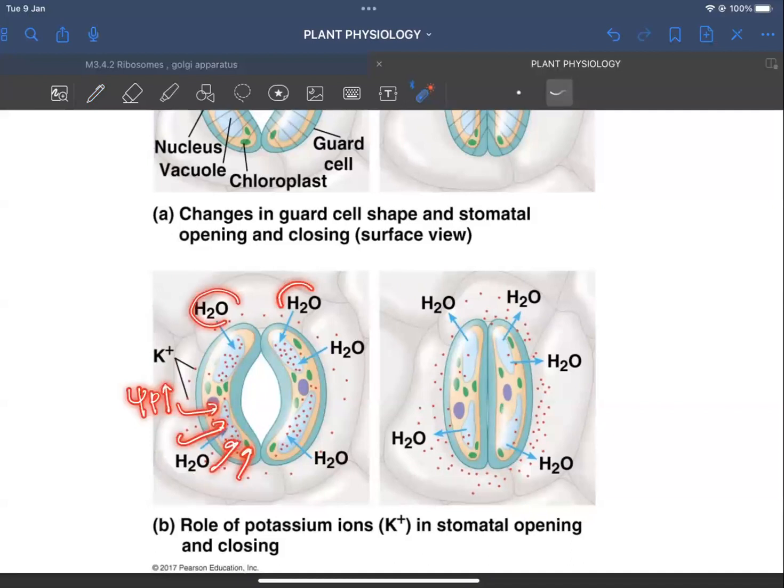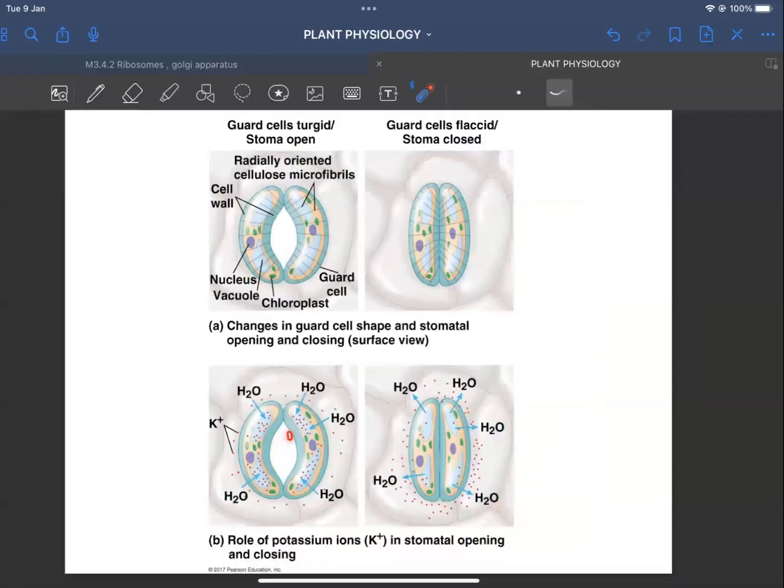That's why they are showing all the water molecules entering the guard cells. When all the water is entering into the vacuole, it's going to make it really turgid and it's going to expand the guard cells, making it open the stoma, radially over here.